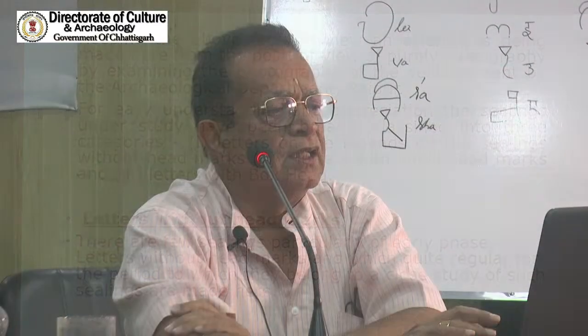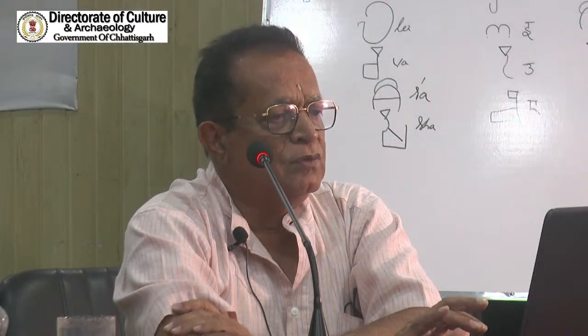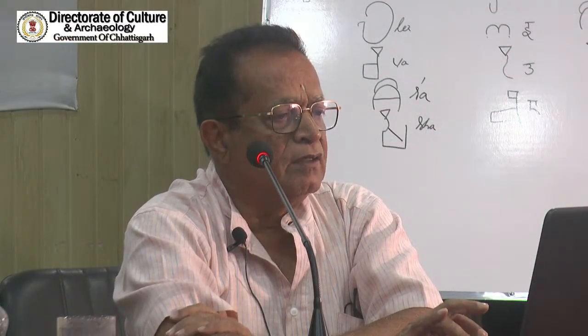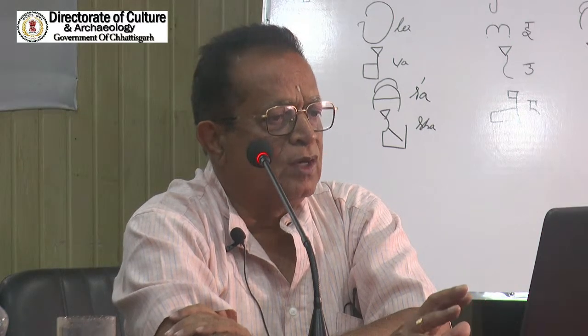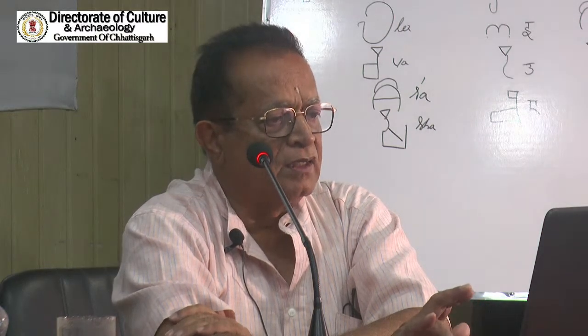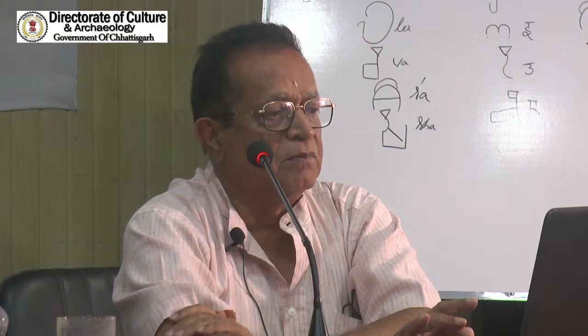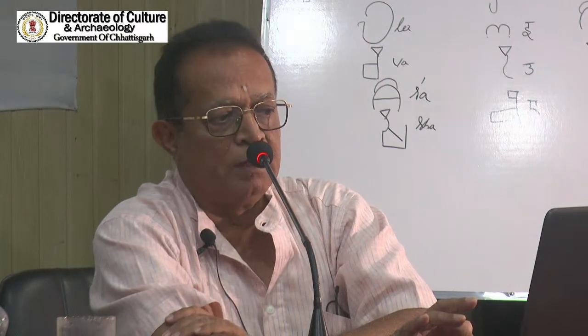So keeping the above facts in view, an attempt is made here from the point of view of purely paleography, examining the photographs of the seals sent by the Archaeological Department, Raipur.